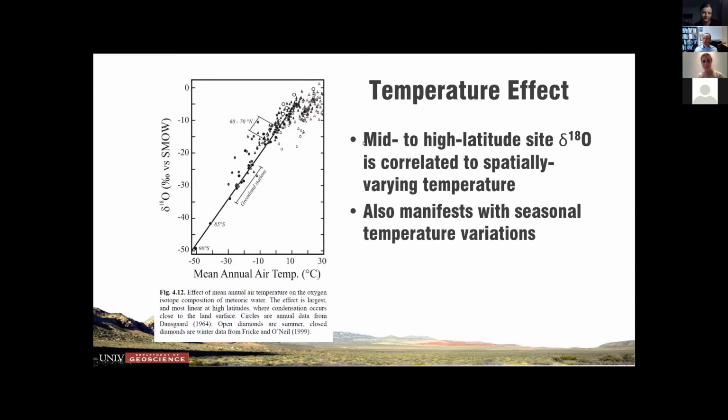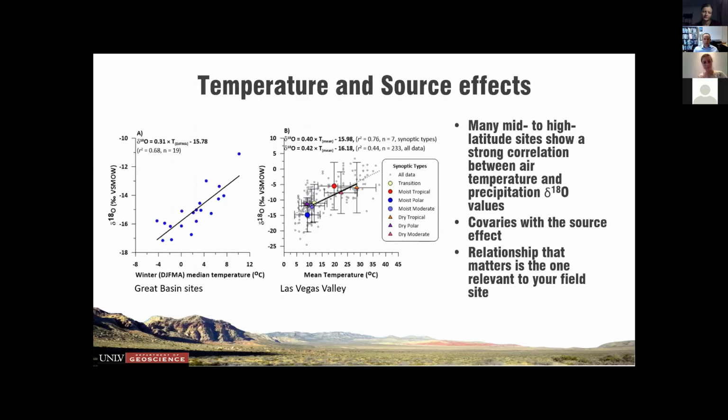But it's also partly related to seasonal cycles about where the rainfall is coming from. In North America, for example, you might have the Gulf of Mexico versus the Western or versus the Pacific Ocean. So those two different air masses might be giving you different values, but they also are varying seasonally. So here's just some data that shows that for one of my field areas here in Nevada.